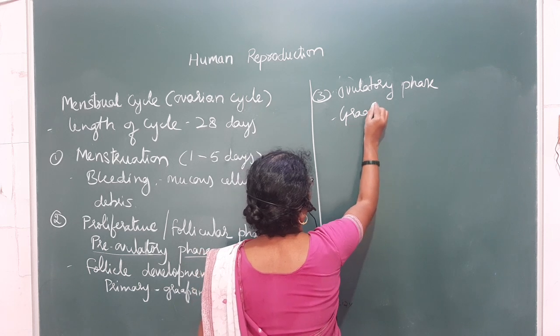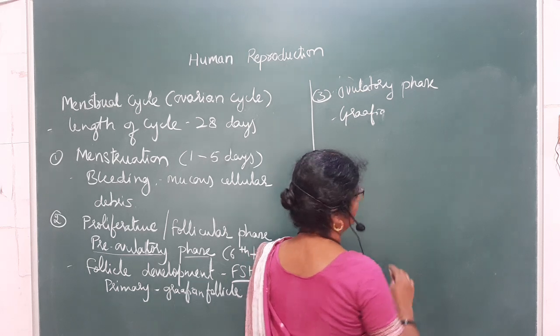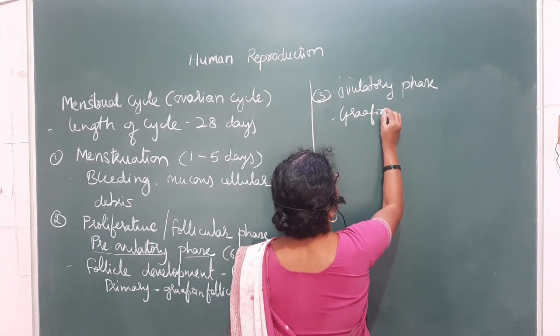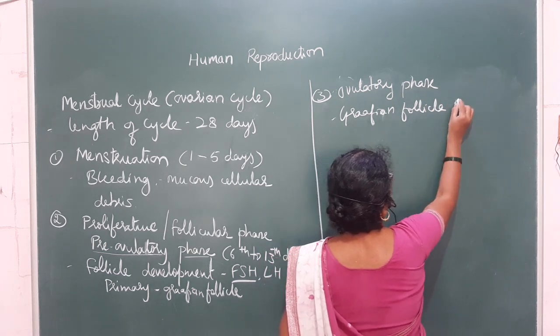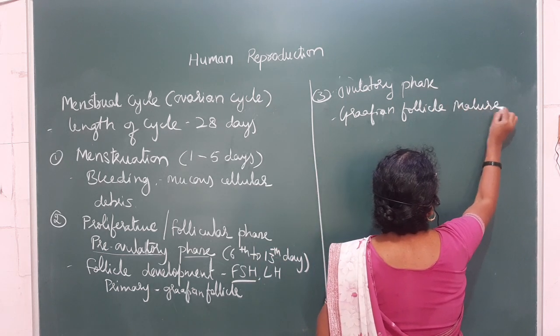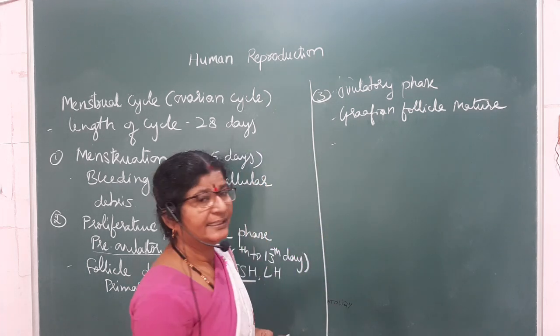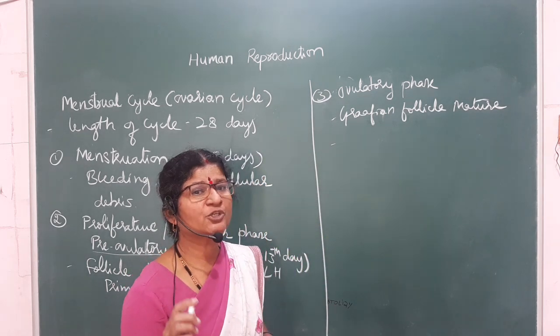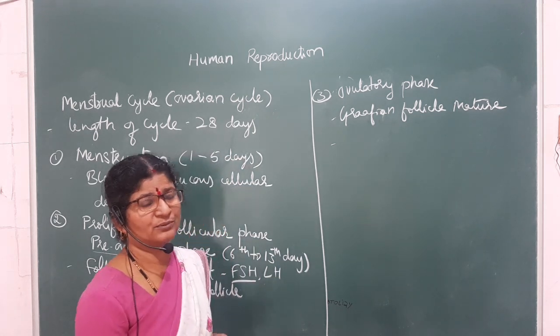The Graafian follicle matures under the influence of FSH. An increase of FSH will increase the estrogen level also.